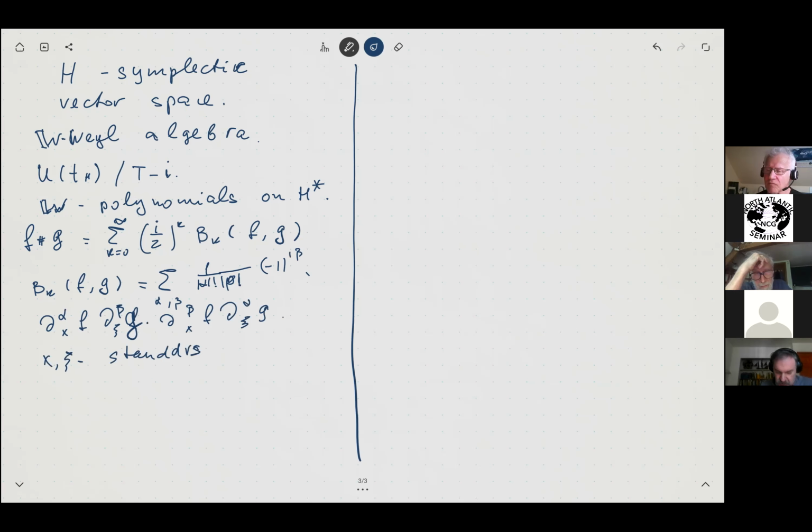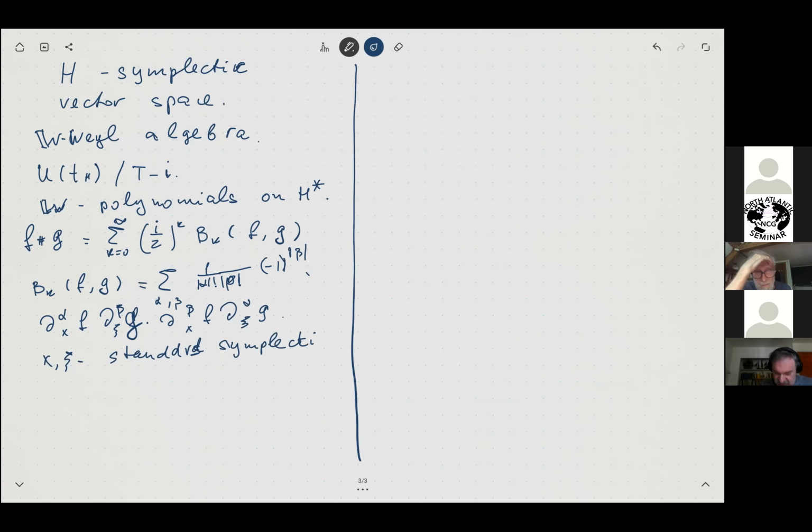Sorry, Sasha, what is this thing before beta? You have minus 1 to what power? Sorry, absolute value of beta. Okay. So alpha, beta are multi-indices, and there's some minus somewhere in the formula, right? Yes, minus 1 to the power absolute value of beta, I believe.